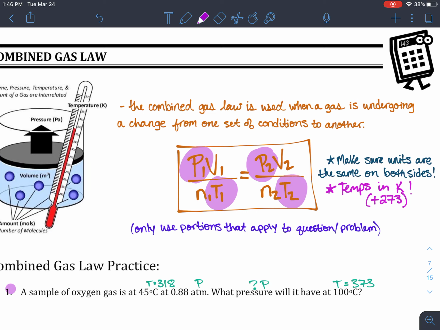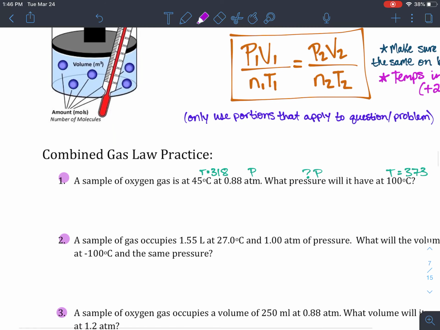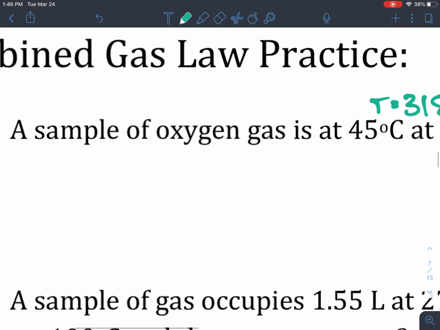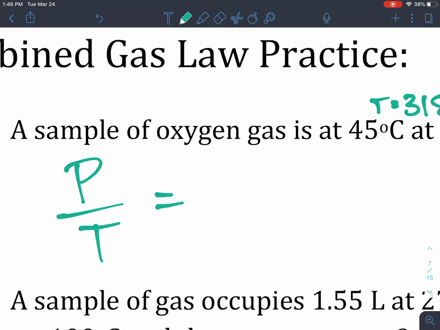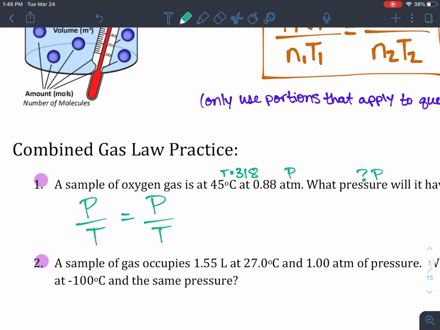So we have P over T equals P over T. And that's the formula that we're going to use. So P divided by T equals P divided by T. And we're setting up proportions here. So then we can go and plug in our numbers.